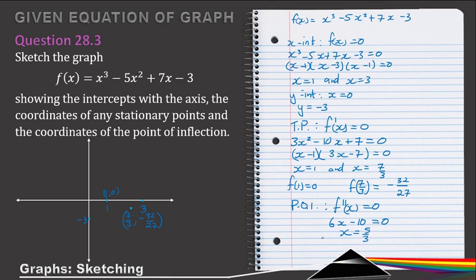Yes, and then if we substitute in 5 over 3, this would then be equal to negative 16 over 27. Right, so then if I plot the point of inflection, it lies over here. So the coordinates are then 5 over 3 and negative 16 over 27.